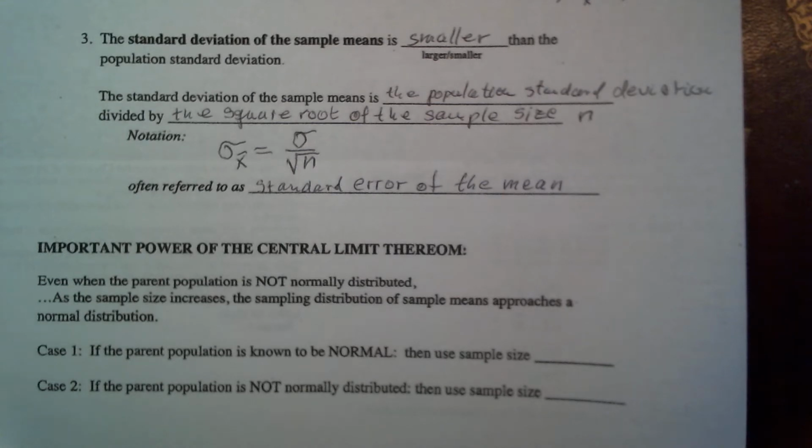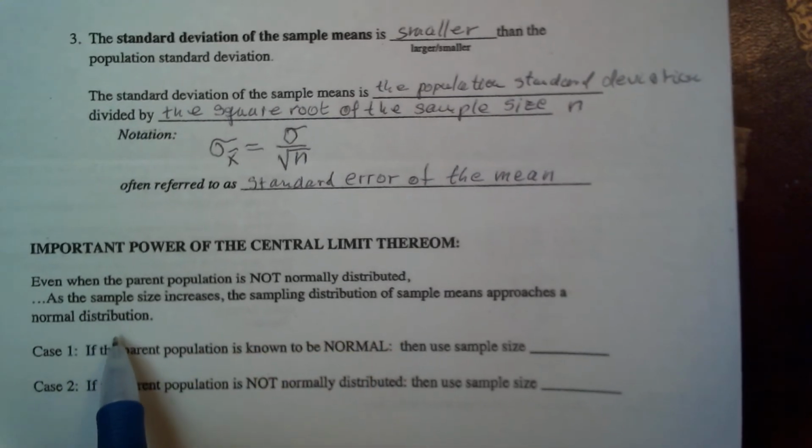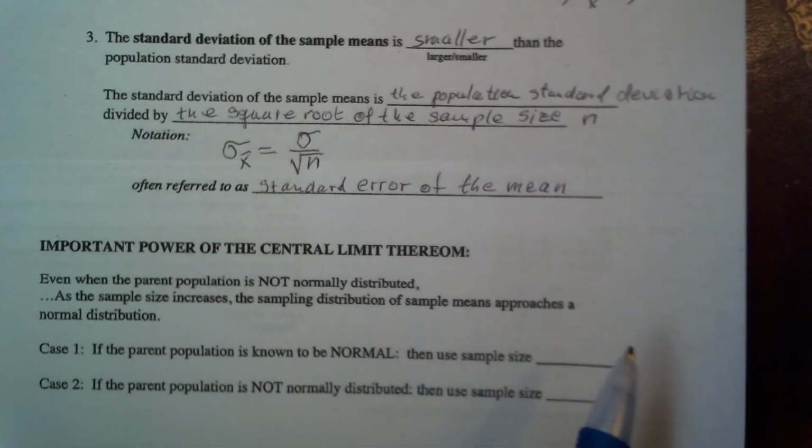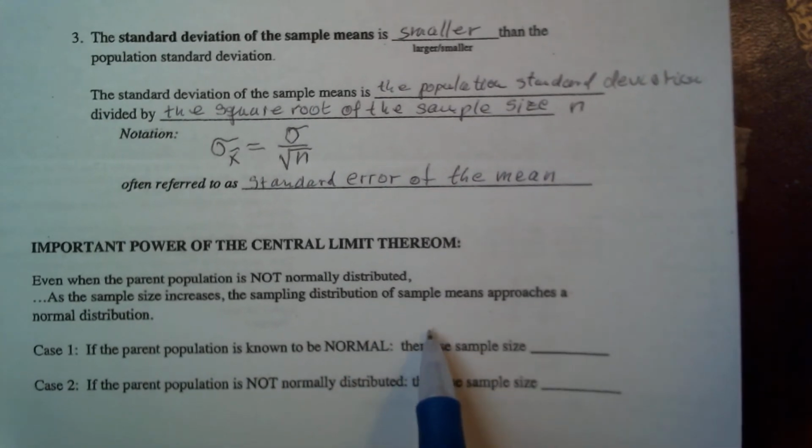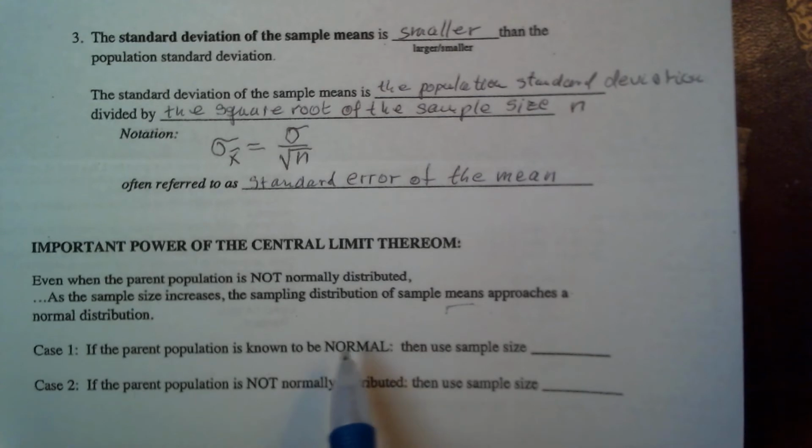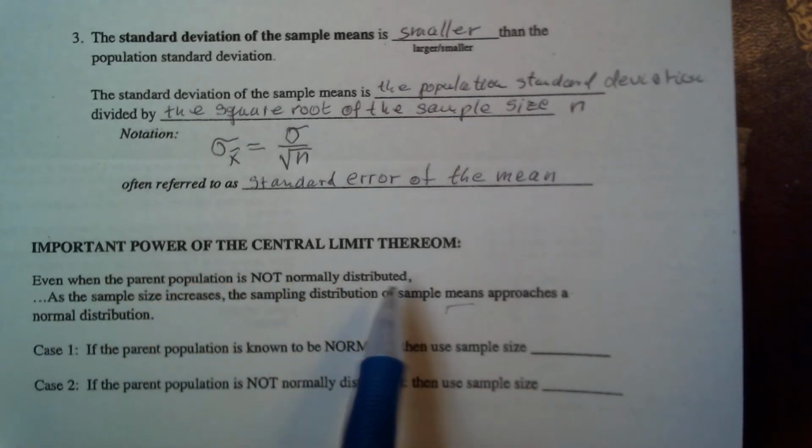And one of the key observations is that even when the parent population is not normally distributed, not even close, as the sample size increases, the sampling distribution of sample means, again, approaches the normal distribution. Okay, so that is the key observation about the central limit theorem.